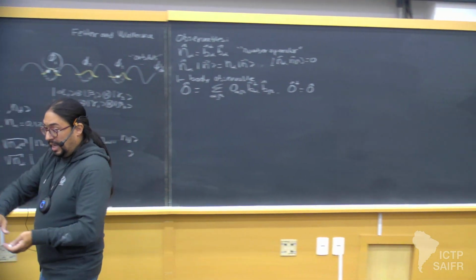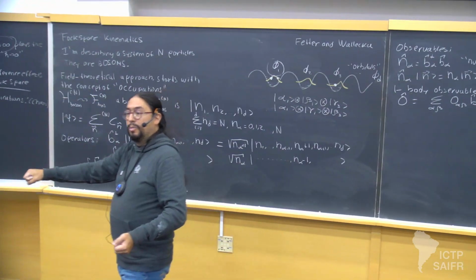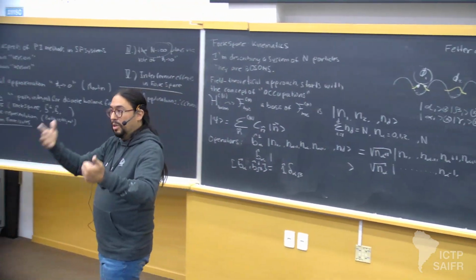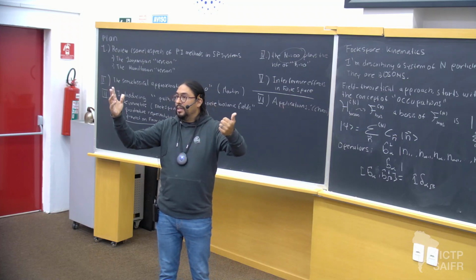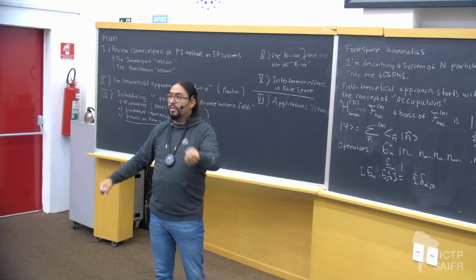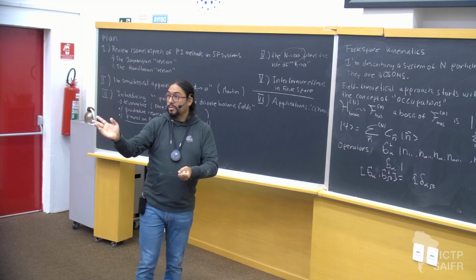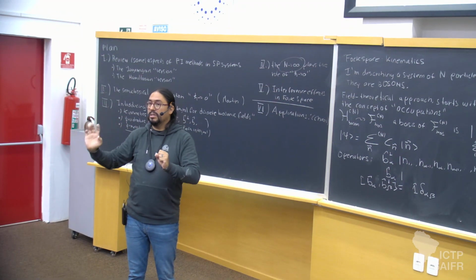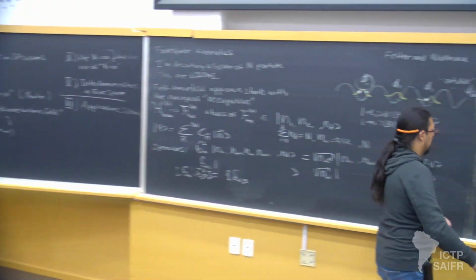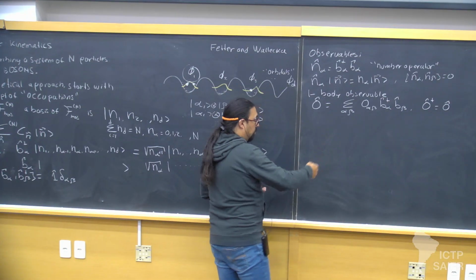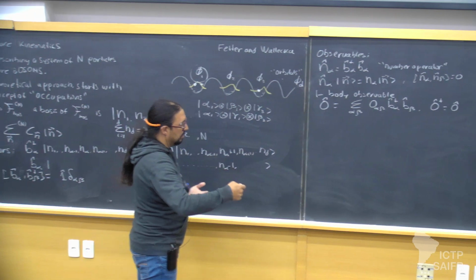So it literally takes one guy here and puts it there, which is the physical process that you expect to happen when you put these systems under the dynamics. The particles are moving from here to there. You don't care which particle. You only care that one from here, I put it over there. That's all you care.